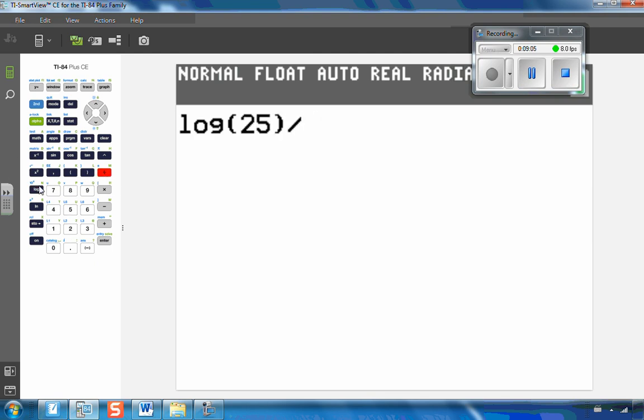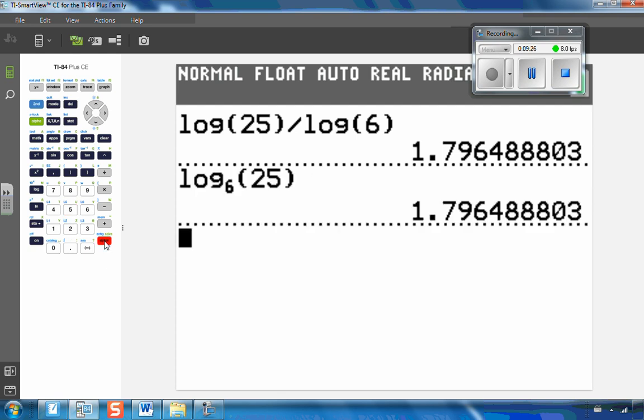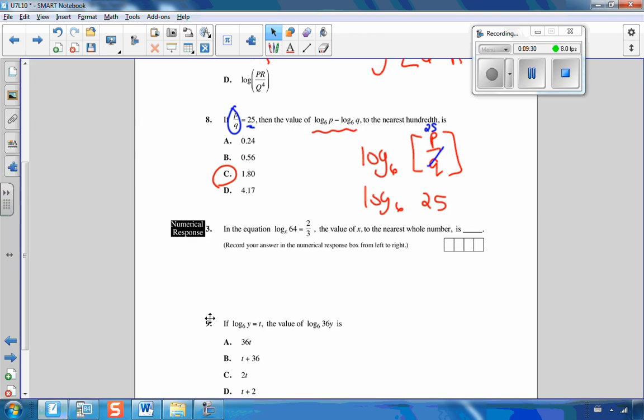So log of the argument divided by log of the base. And you get 1.8. If you have an 84 or newer, we're going to go math, alpha, math to get the log template. And then I just put in a 6, and then I go over here to put in a 25. Press enter, and I get the same answer. Okay, so that's how you evaluate it on your calculator.